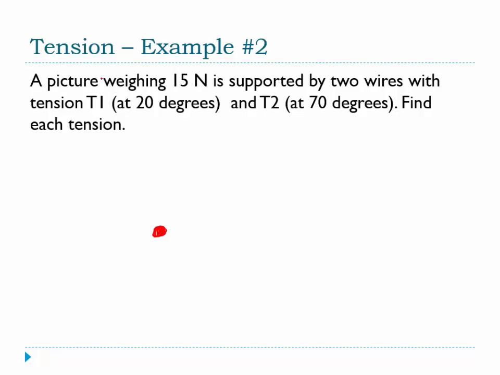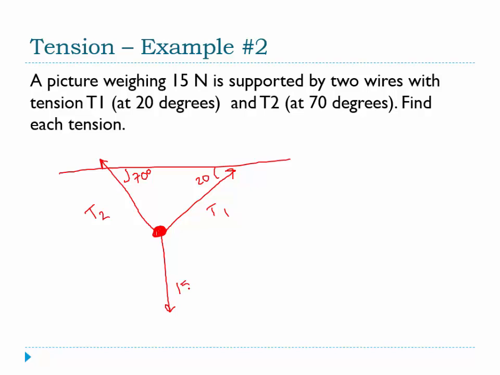So, picture weighing 15 newtons supported by 2 wires, tension 1, 20 degrees, and then tension 2, which is 70. This is obviously not to scale. This is 20, and then this is 70. T1, T2, and then here we have the weight of the picture, which is 15 newtons.